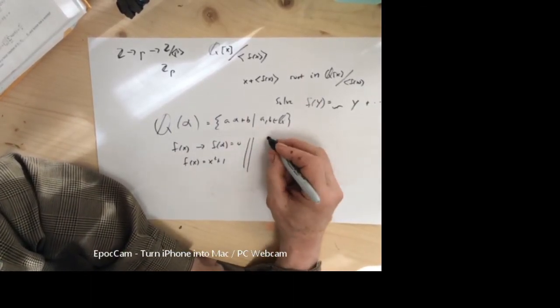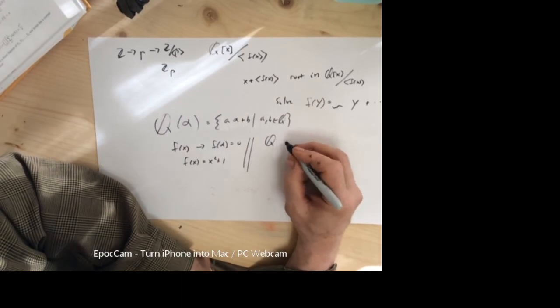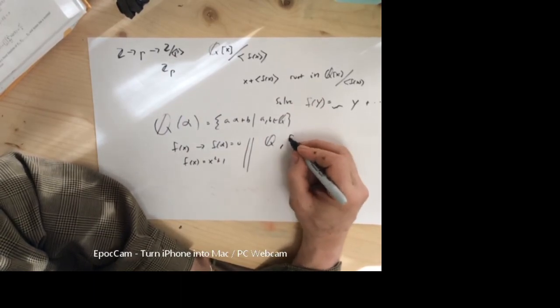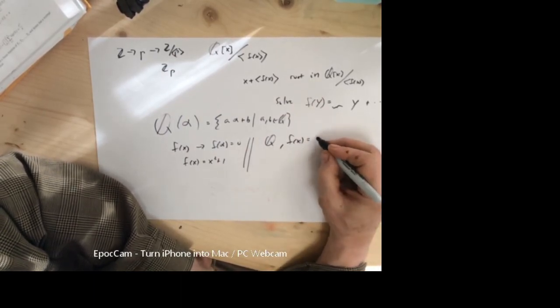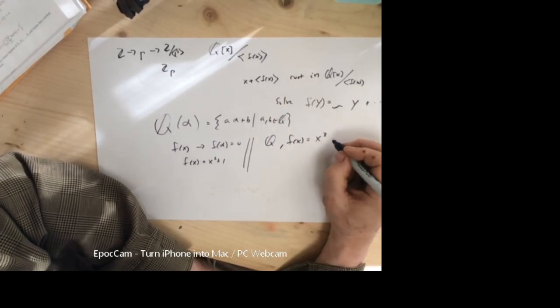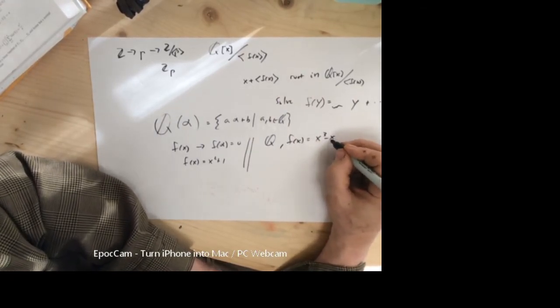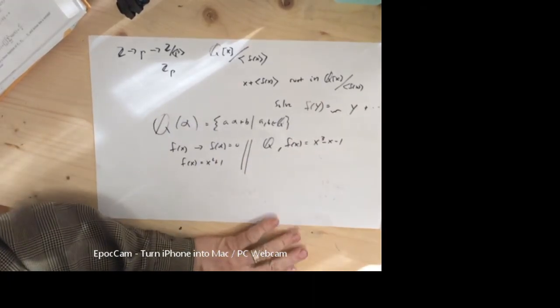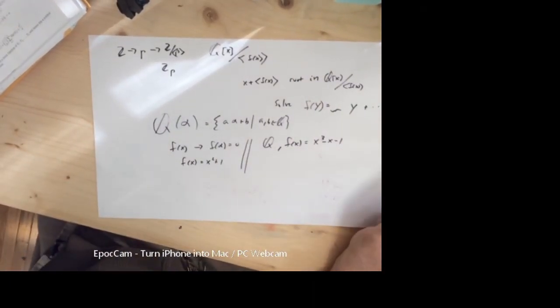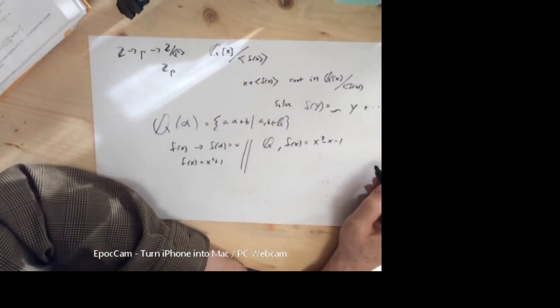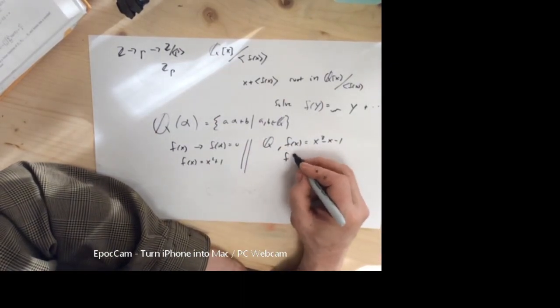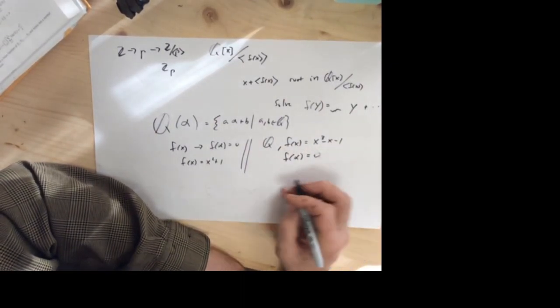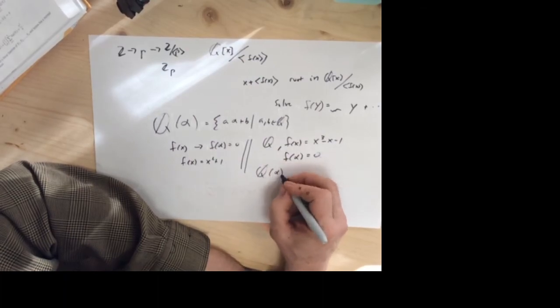But if I had taken Q[x] and picked f(x) equals x cubed minus x minus 1, I think that's irreducible, yep. Well, then if f(alpha) is equal to 0, then what is Q adjoin alpha?